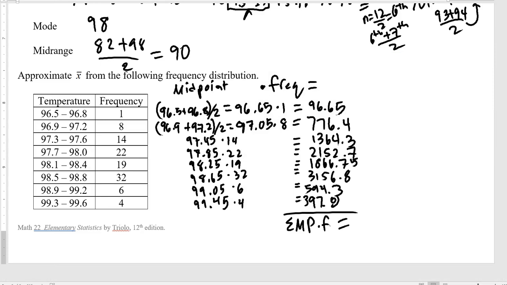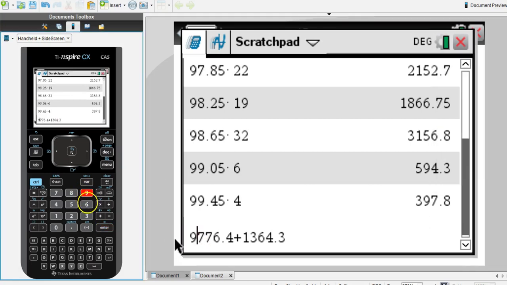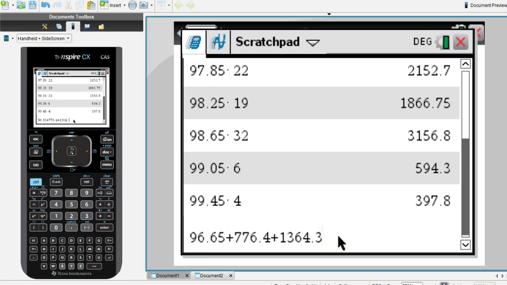That's what happens when I try to save time. 96.65 plus, there we go. So I got the 1364.